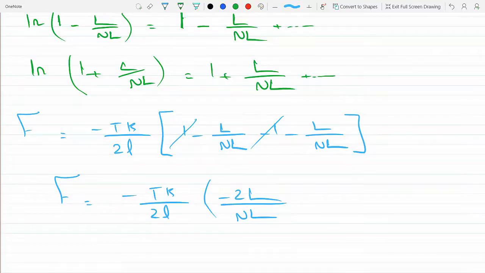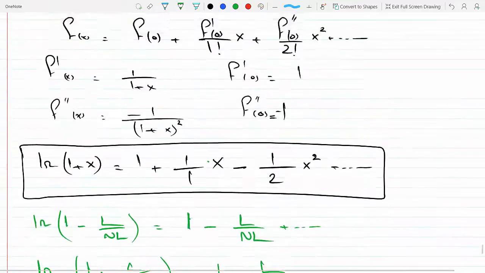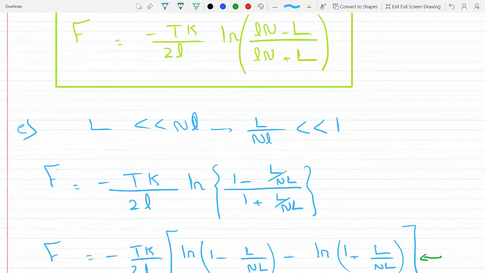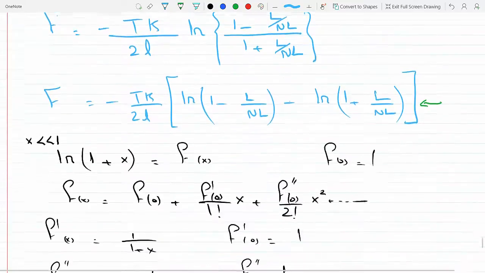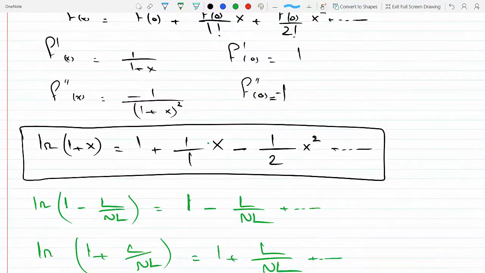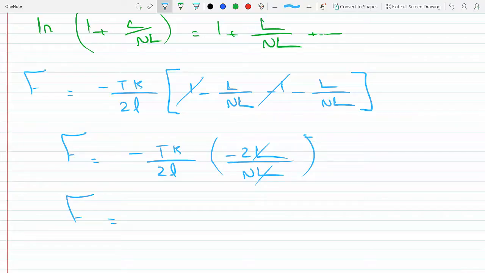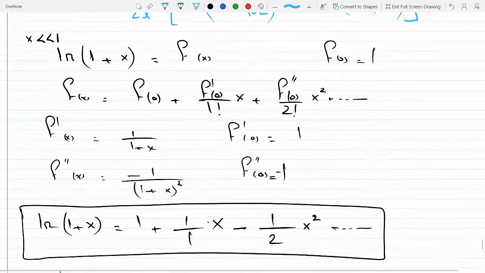The 2 goes with the 2, and this L goes away with this L, and so I'm left with F equal to TK over nl. Did I forget any terms here?